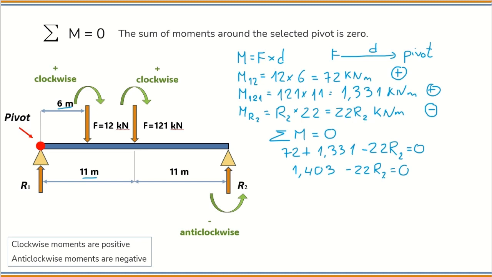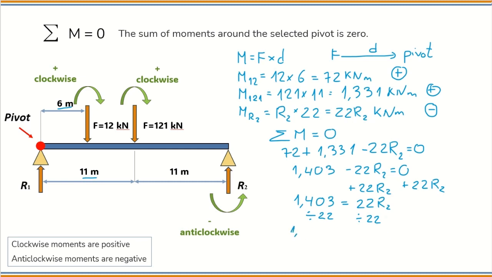I need to rearrange this equation, so I'm going to add 22 R2 on both parts of the equation. 1403 equals 22 R2. I need to rearrange it again to get rid of this 22. To do this, I can divide by 22 on both parts of the equation.